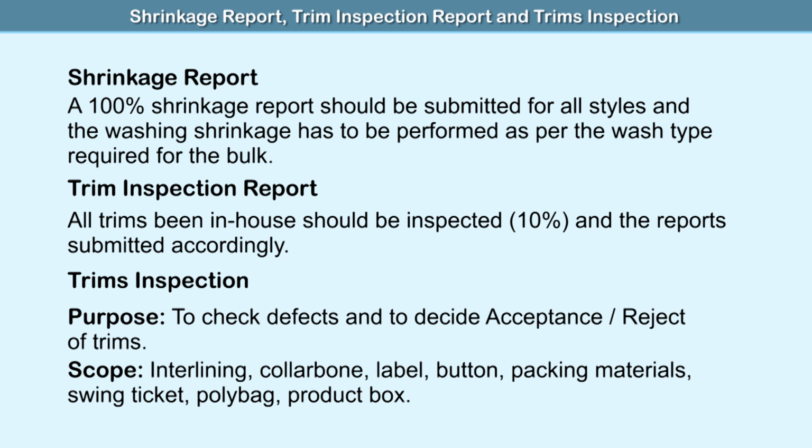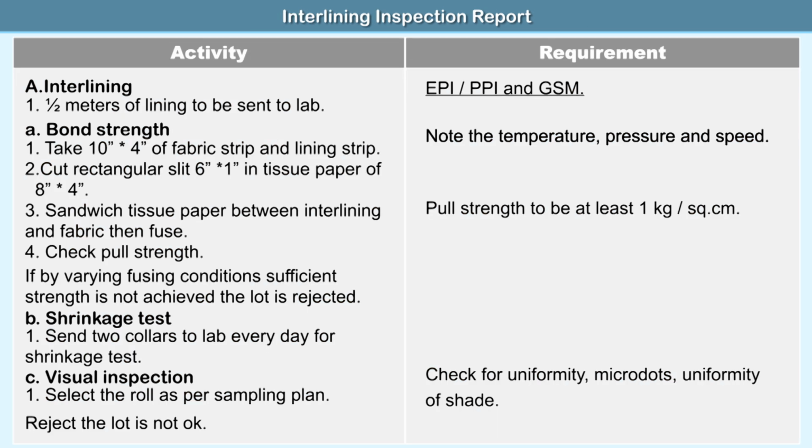The scope is interlining, collarbone, label, button, packing materials, swing ticket, poly bag, product box. The activity and requirement can be seen on the screen.